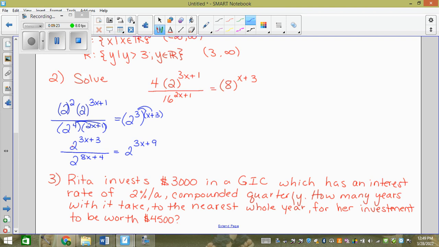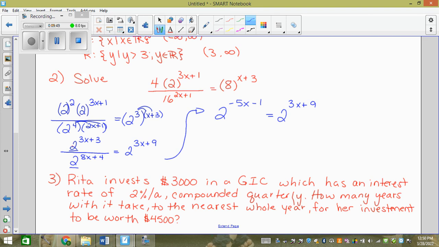Now I have two bases that are the same, but I'm dividing. So when I divide, what do I do with the exponents? You subtract. So we're going to get 2 to the 3x minus 8x, which is negative 5x, and then 3 minus 4 is negative 1, equals 2 to the 3x plus 9.